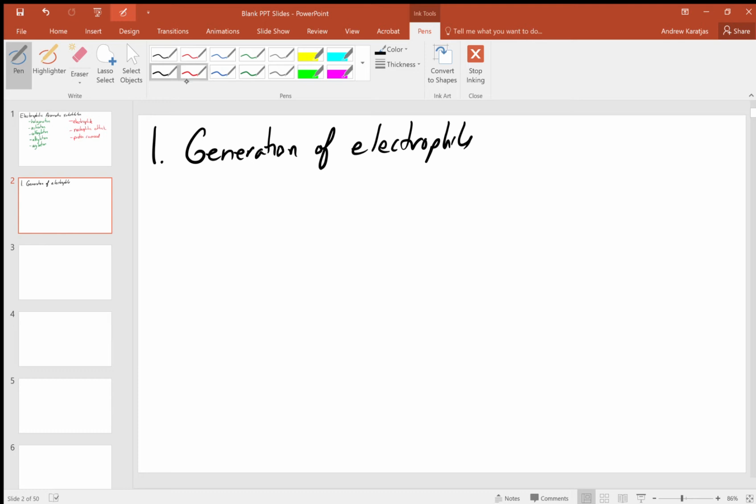And so typically the types of electrophiles that we use are ones that we have to make as part of running the reaction. Typically these electrophiles are too reactive to just have sitting around waiting for us.